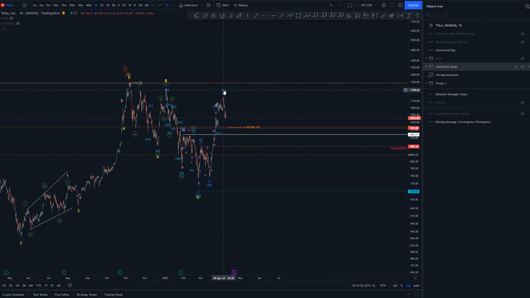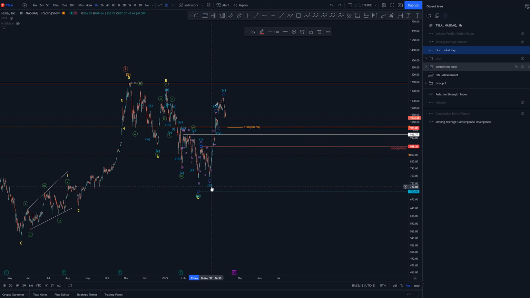Now, saying that this is fifth and we come down below this line doesn't mean that this is not an impulse wave. The whole impulse wave only gets broken basically here, unfortunately. So there's a long way off.